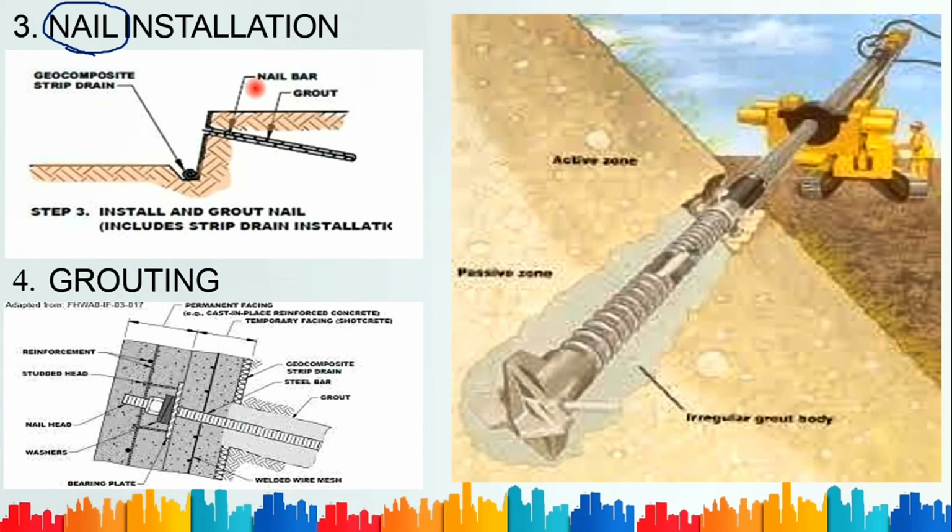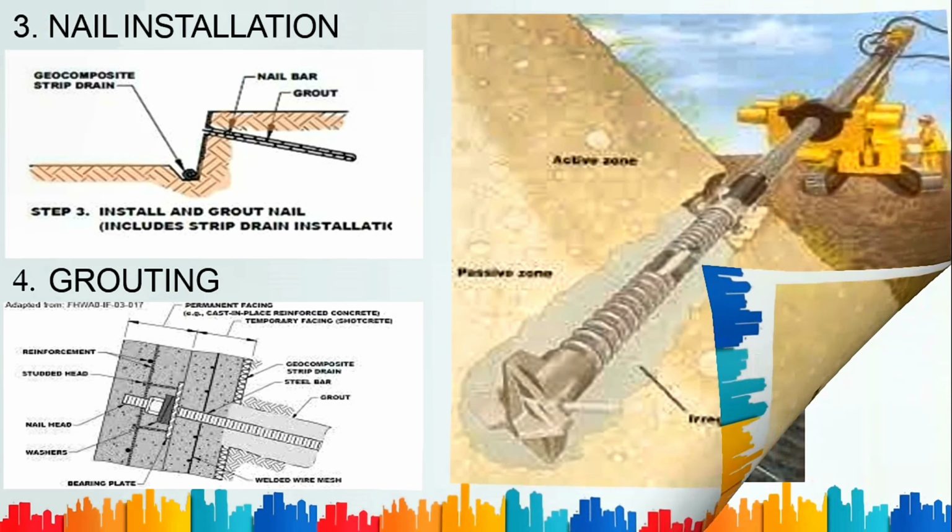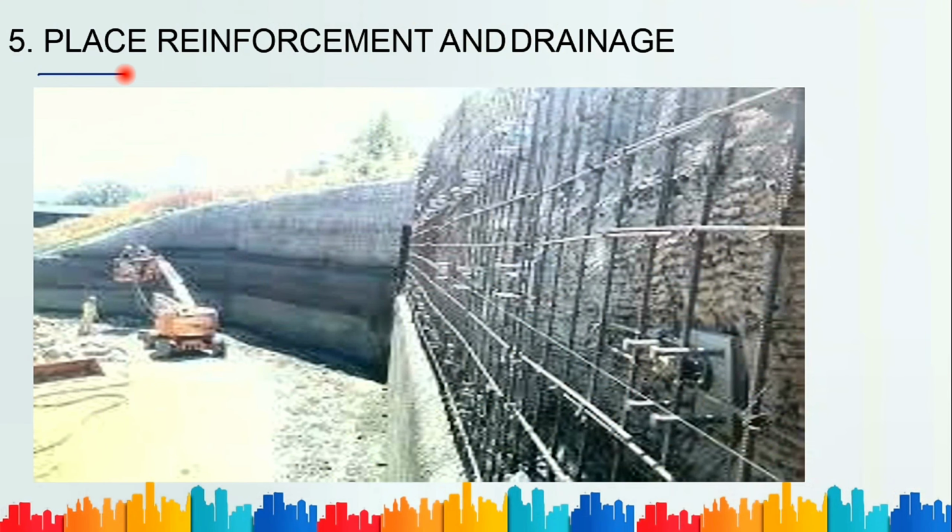What is the nail? You can see here that it is a nail bar, a fixed rod established for my upcoming construction. Then I start my grouting process, and after completion of grouting I place the reinforcement over the entire work. You can see that this is your grout and this is your reinforcement.